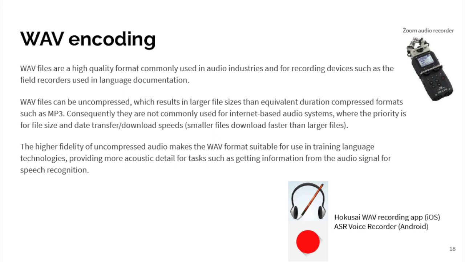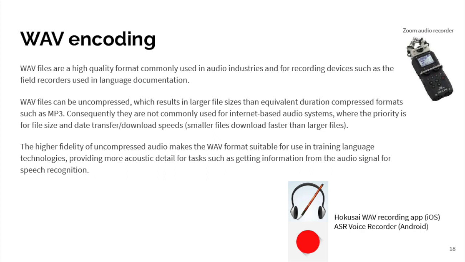So likewise with audio, encoding is important. This came up in the tutorial last week where there were different encodings, the WAV files, high resolution encodings, and the MP3 files that some people were using, a low resolution. WAV files are commonly used in language technologies because they are high fidelity, they carry a lot of information, they're high quality.